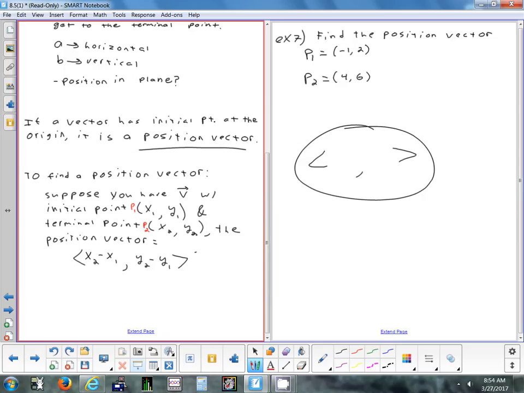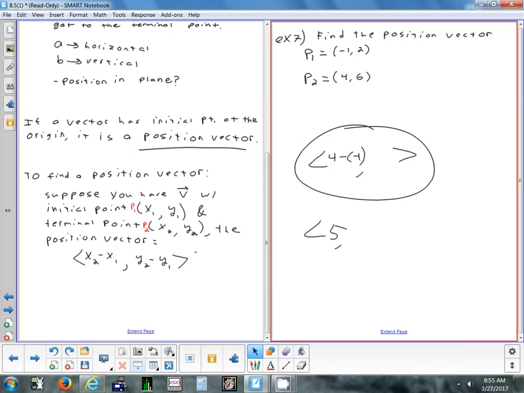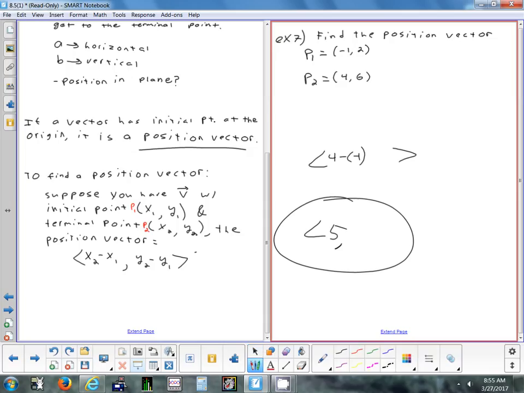Yeah, it would be 5. How'd you get that? 4 minus, and then Yeah, 4 minus -1. So you know what, actually I'll do it in 2 steps. And what about my y value? Yep, it's going to be 6 minus 2, which is 4.